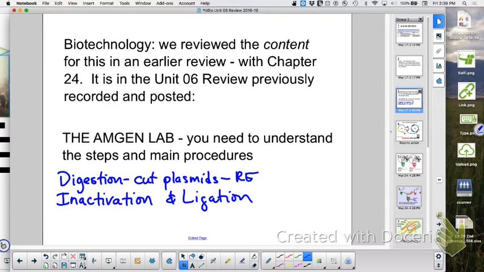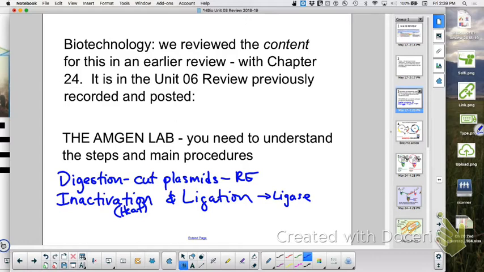Yes, turn off those restriction enzymes, denature them. Because if we had just ligated, and what do you use to ligate? What enzyme? Yes, ligase. And what did we use to inactivate? Heat. Remember the hot water? So we would inactivate the restriction enzymes and then ligate the new combinations.